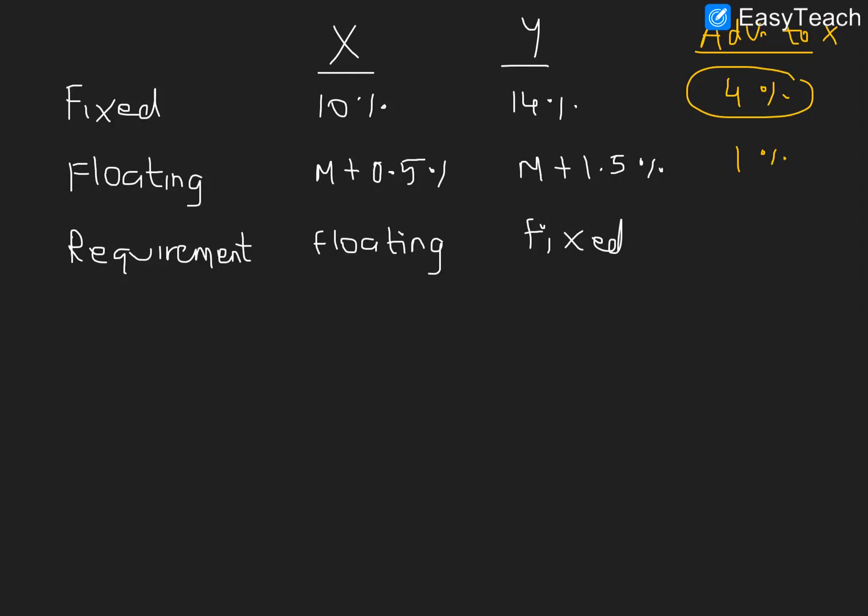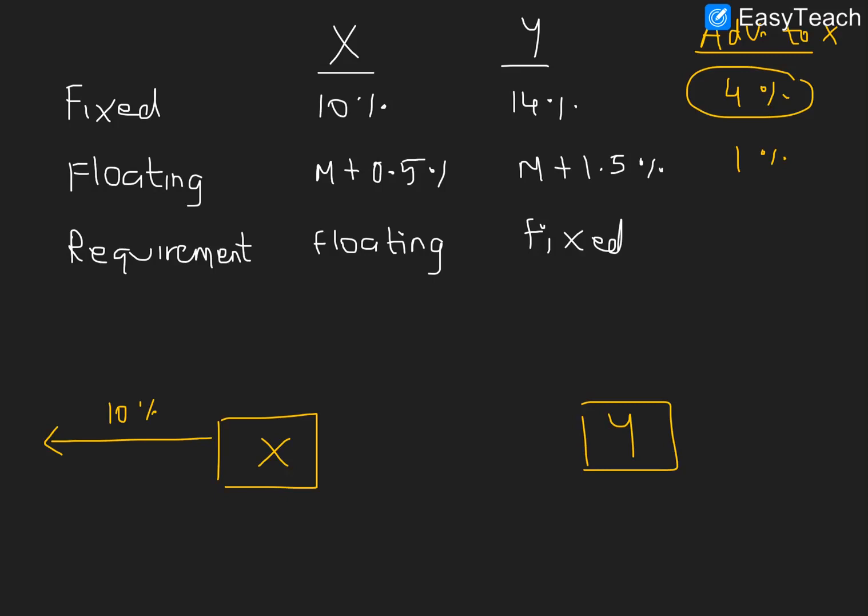So if you just draw up a diagram over here, X and Y, X is going to take a loan at a fixed rate and then later he is going to convert it to floating rate. So X is going to take a loan at 10%, so he's going to pay outside 10%.